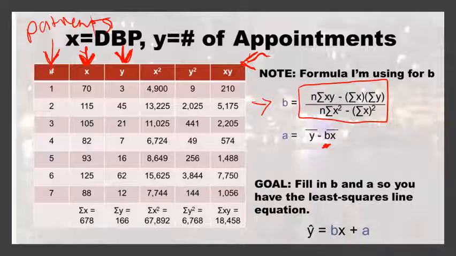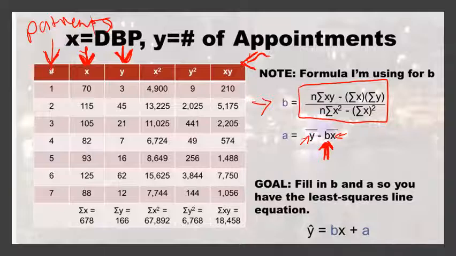Then whatever we get for B, you're going to plug in right here and solve for A. And remember, y bar and x bar are the means. You've got a mean for your x's and a mean for your y's, and you should have calculated those by now, which of course I'll give you here. But when you are working on a different problem on your own, at this point you definitely want to have your means already calculated.